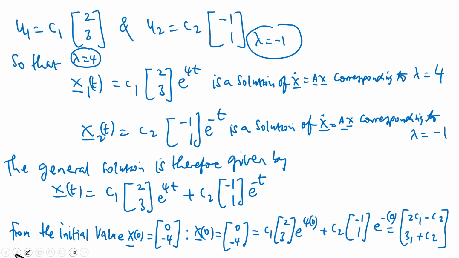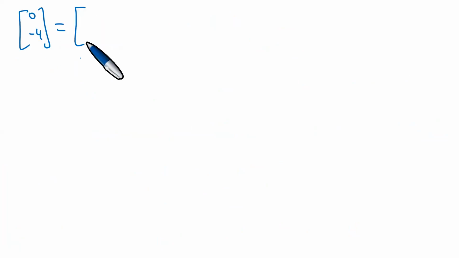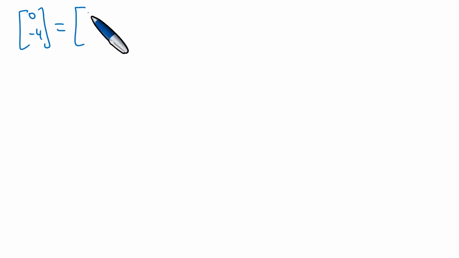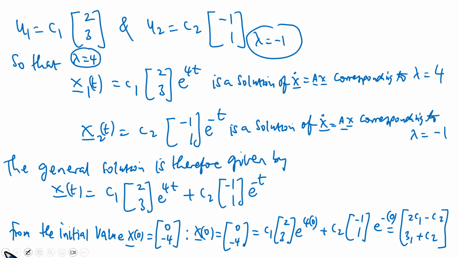So we have 0 and minus 4 is equal to 2C1 minus C2, and 3C1 plus C2.